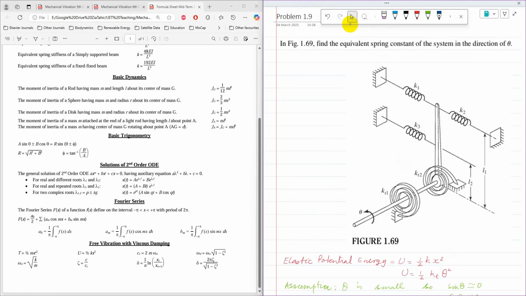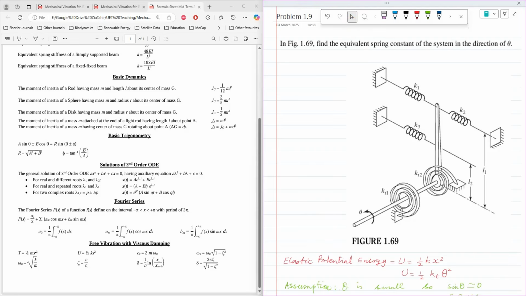In this problem, the equivalent spring stiffness is required in the direction of theta, so that is angle theta, and its direction is given. For the two torsional springs, we can straightforwardly find the potential energy of each spring. But the other three springs are linear springs, and for linear springs we have to use half k x squared, and then we need to develop a relationship between x and theta.